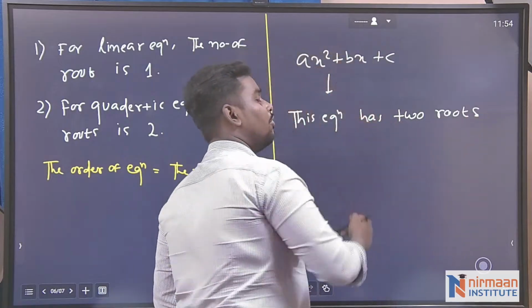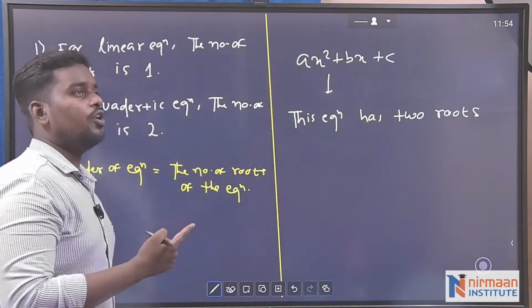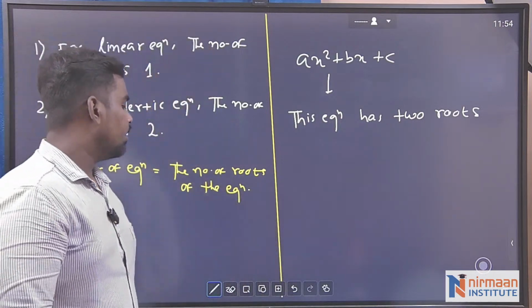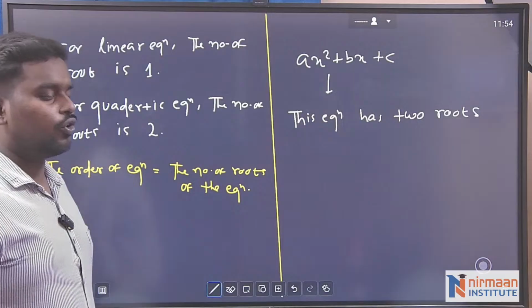The highest power of x is 2, so how many roots are possible here? 2 roots, right? Okay, fine. So now I hope you got this. Rewrite this thing.